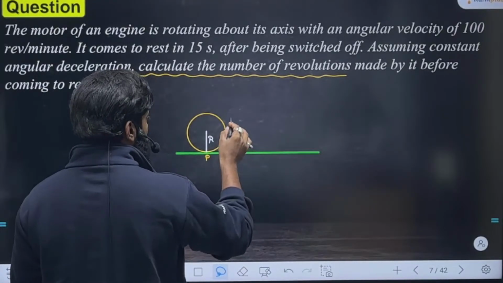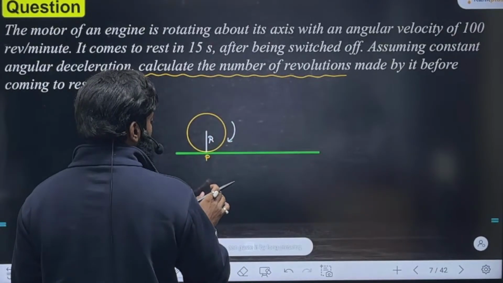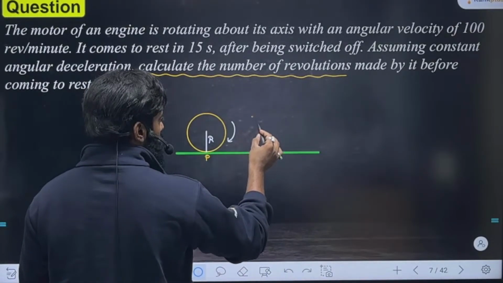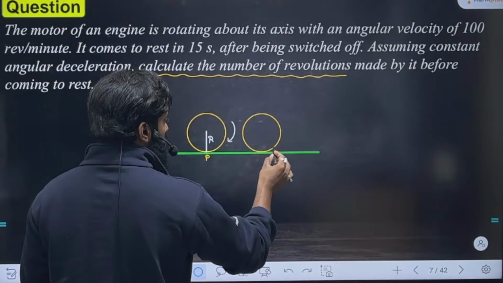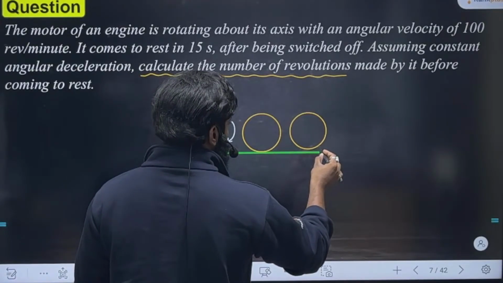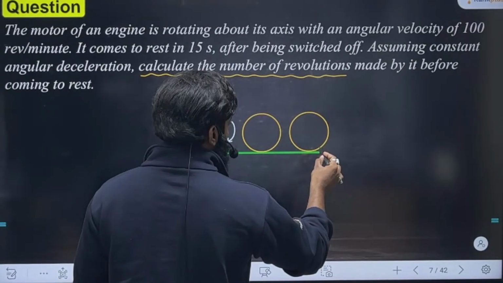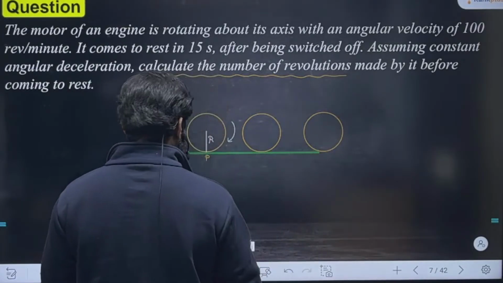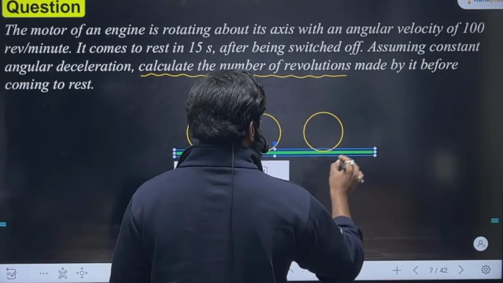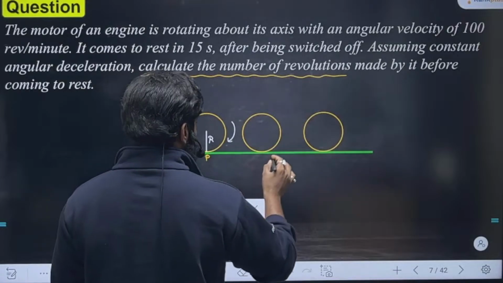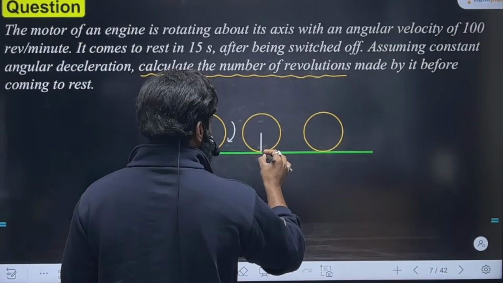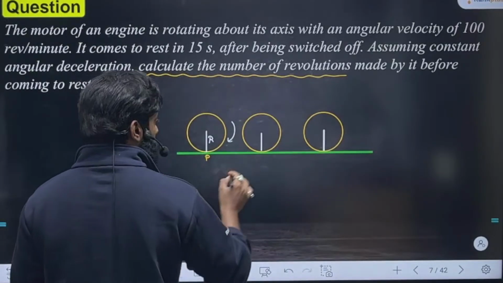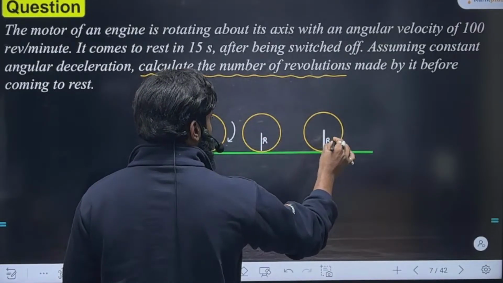This wheel will rotate, and after some time, this is radius r.